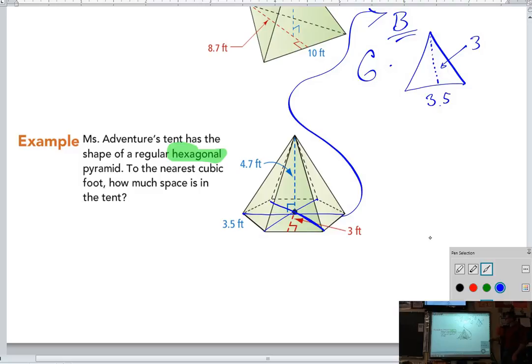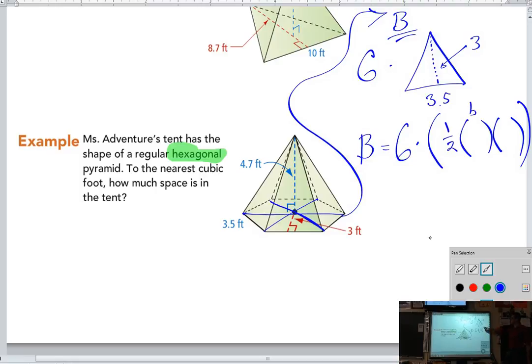So when I go to find my big B area, I'm going to have 6 times that triangle area, which is 1/2 the little b times the little h. Parentheses inside of parentheses, a parentheses sandwich, so your calculator doesn't get confused. You don't have to use all these parentheses. I use them to group things so we know what's what. This is our little b, this is our little h, and that's my 1/2 little b little h.